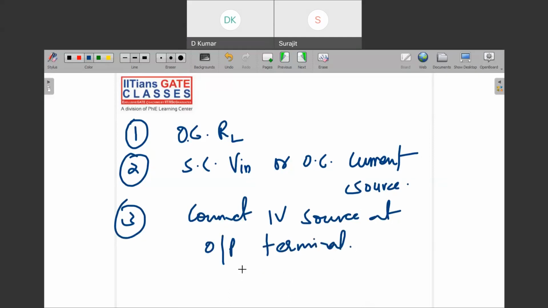And then you can measure the R out. R out will be V 1 upon I, I test or whatever you want to call it. So this is the output resistance, okay?